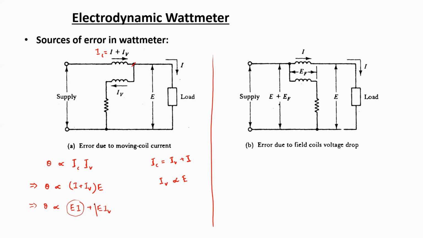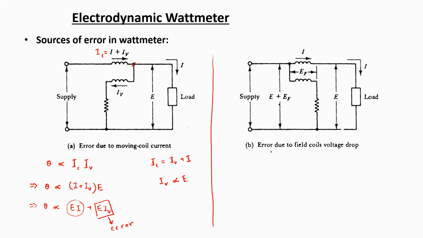This additional quantity is going to be the source of error if the moving coil is connected after the fixed coils. As the moving coil current results in the erroneous term, this sort of error due to the moving coil current results when the moving coil is connected after the fixed coil.